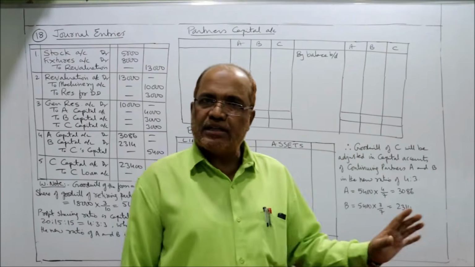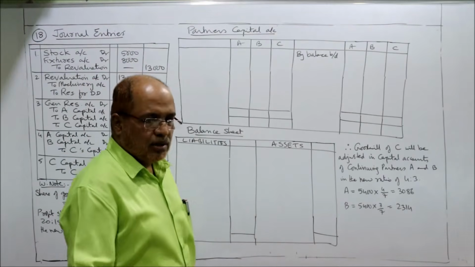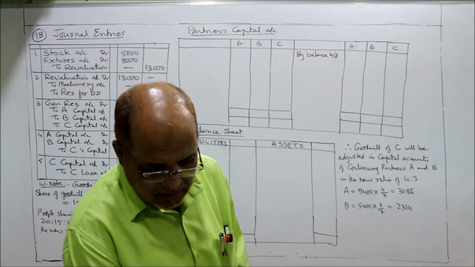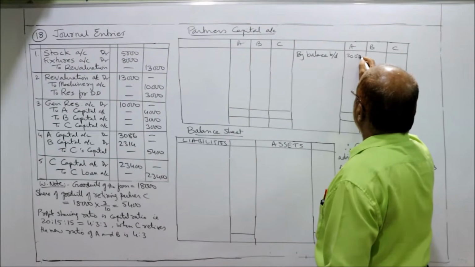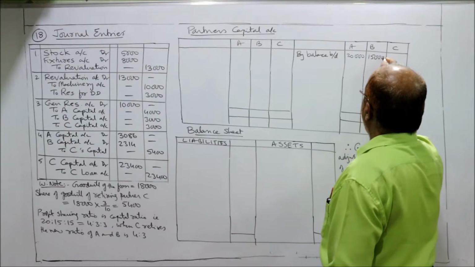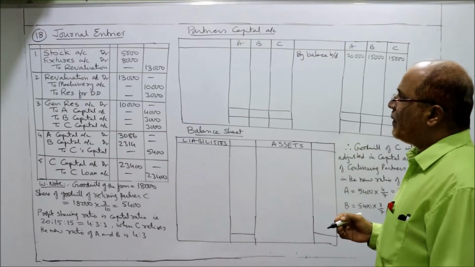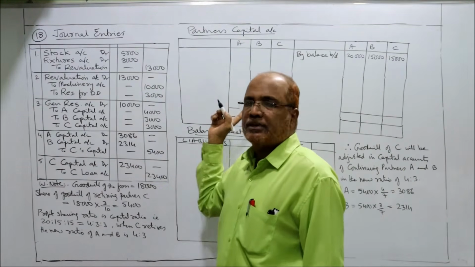Now we'll make the capital accounts of partners. The opening balances of A, B and C given in the problem are 20, 15, 15, that is 20,000, 15,000 and 15,000. This is the opening capital of all the partners. Now we'll post these entries in the capital account.